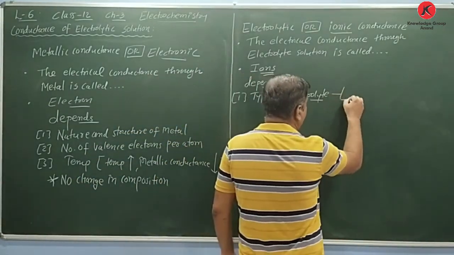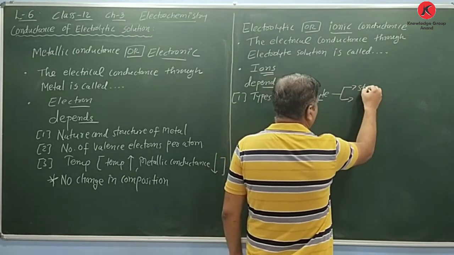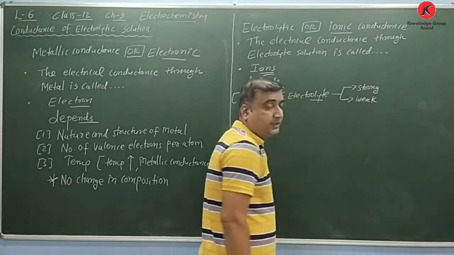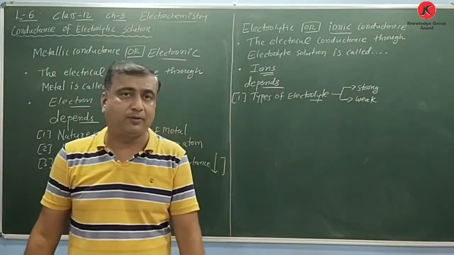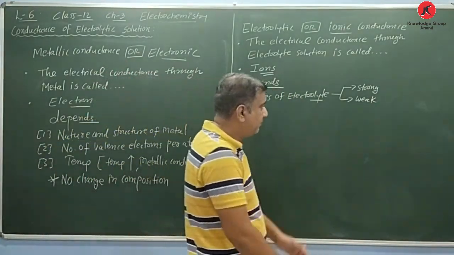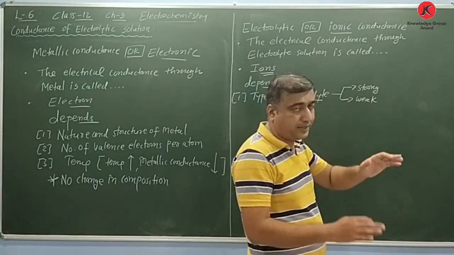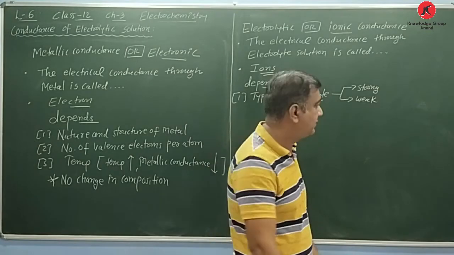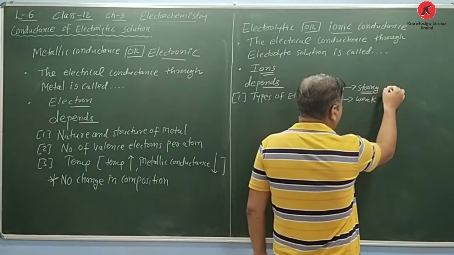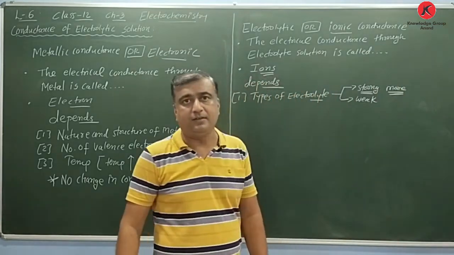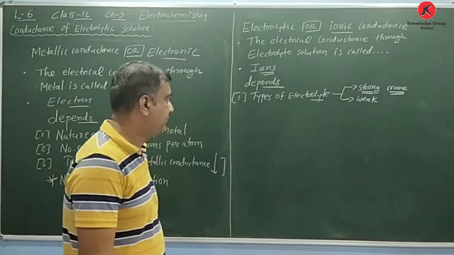In case of weak electrolyte, the number of ions in solution will be less. In case of strong electrolyte, more ions are there. So here conductivity is more when we are dissolving a strong electrolyte.